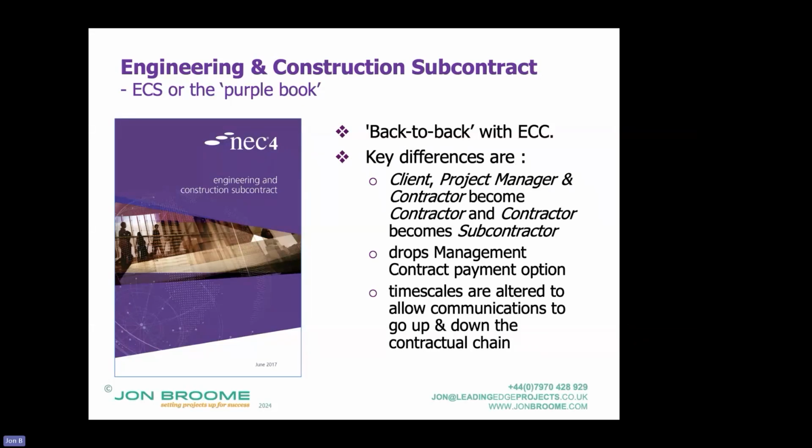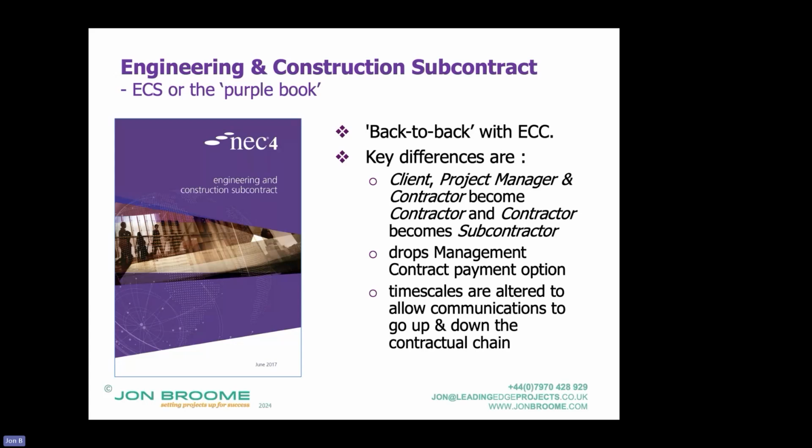So in terms of, for instance, compensation events, if I'm a project manager and I instruct a quotation under the contract, the main contractor has 3 weeks to respond. The subcontractor for the same communication will have 2 weeks to respond and get back, so it can go down the line. The project manager at the main contract level has 2 weeks to respond to the contractor's quotation.